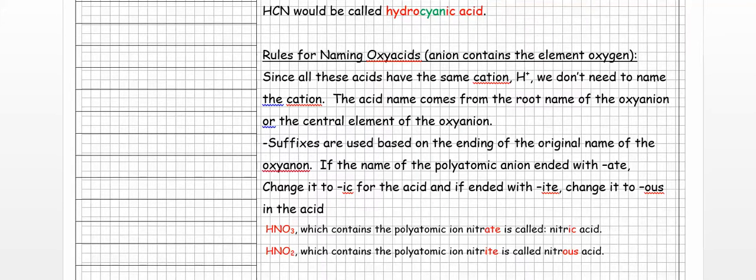It really isn't. We're going to take a look at some examples. Suffixes are used based on the ending of the original name of the oxyanion. If the name of the polyatomic ion ends with ate, we're going to change it to ic for the acid, and if it ends with ite, we're going to change it to ous in the acid.